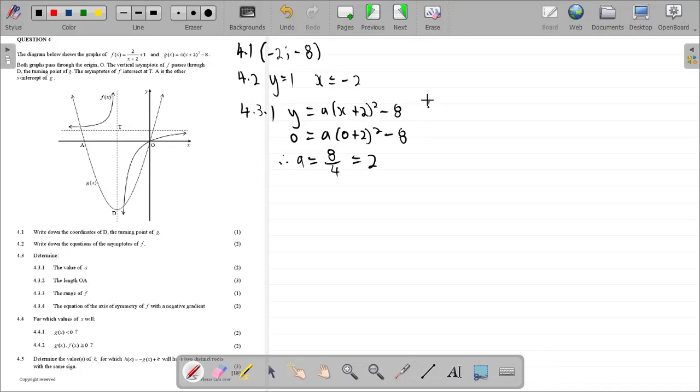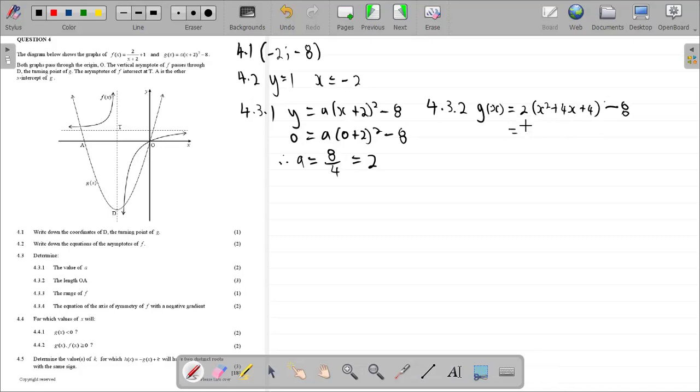And then 4.3.2, the length of OA. So we just have to find the intercepts. So g of x will be equal to 2, x squared plus 4x plus 4, minus 8.